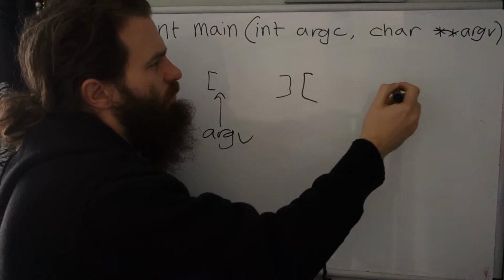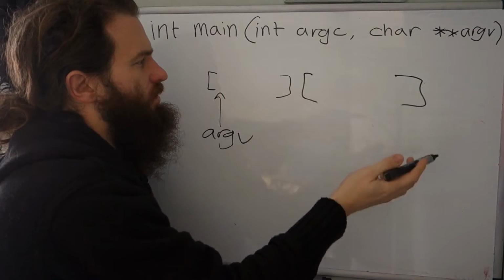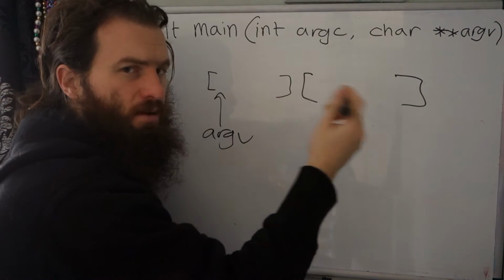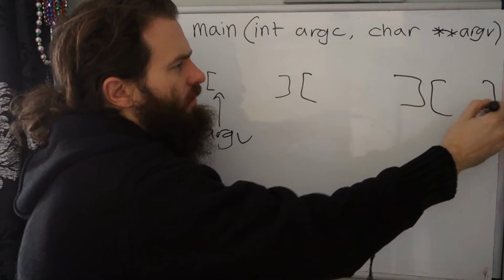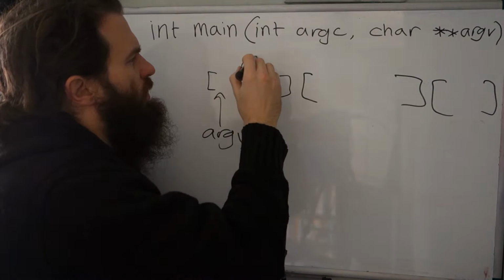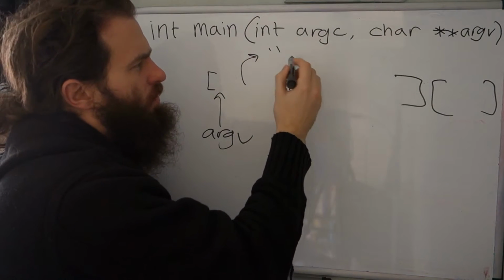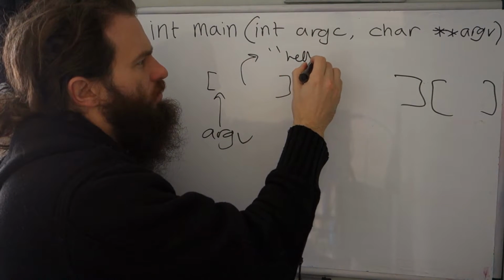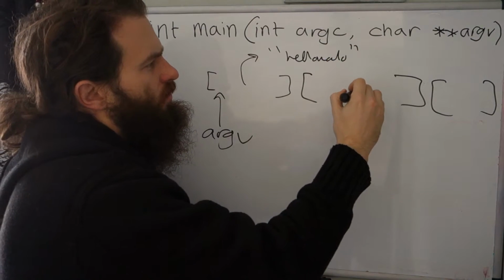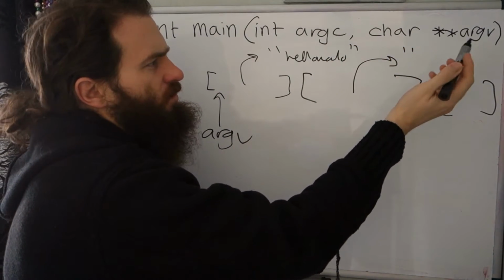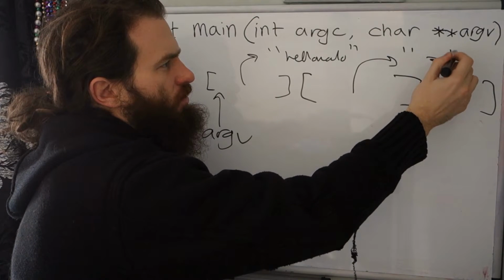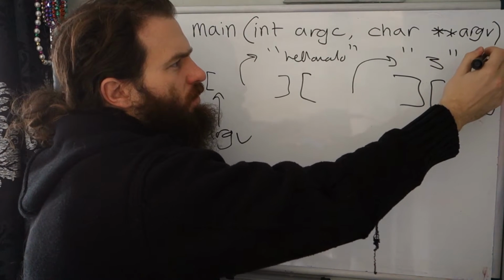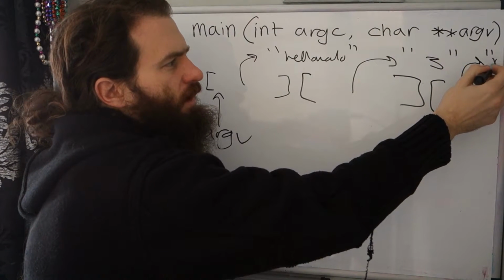We have another pointer to another character buffer here and another one here. This will point to some string, the name of the program, hello world. This will point to the first argument, I don't know, a number 3 maybe, and this will point to a string, whatever, x.